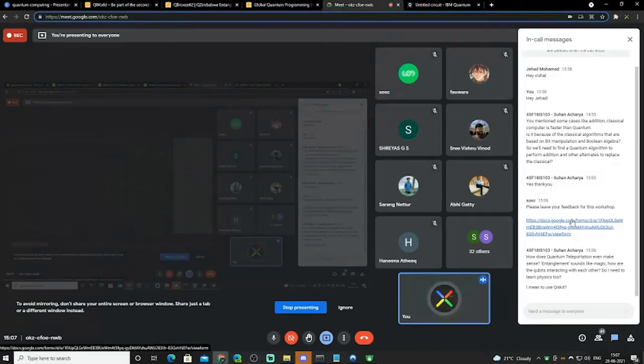When you make your circuit, it gets transpiled down into something the quantum processor can understand, and then the instructions are passed along in pulses. For IBM Quantum, these are microwave pulses. On a hardware level, entanglement is done using something called couplers. On a chip level, you couple those qubits and get the correlation out. I hope that answers your question. That's a good question.